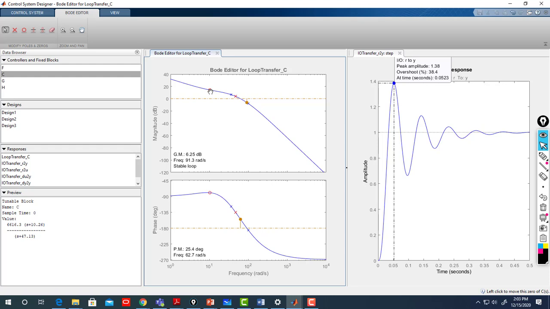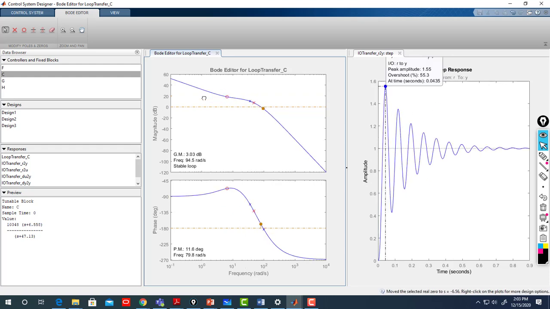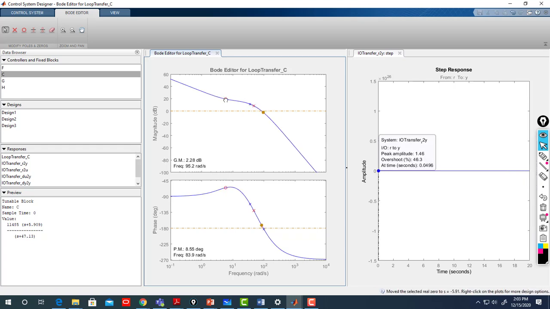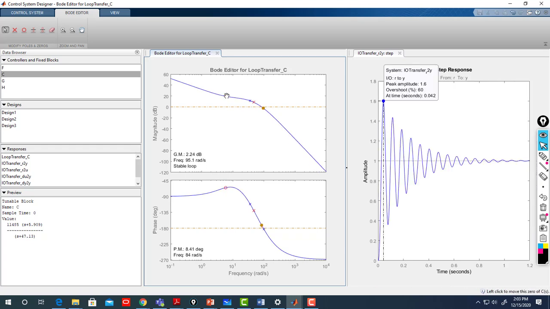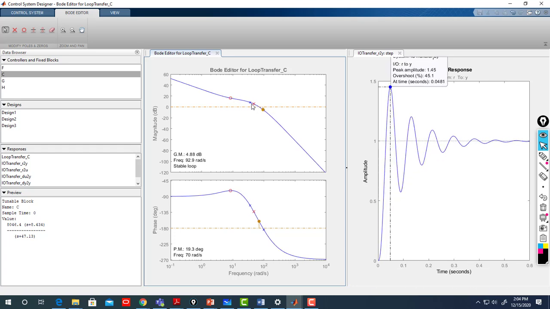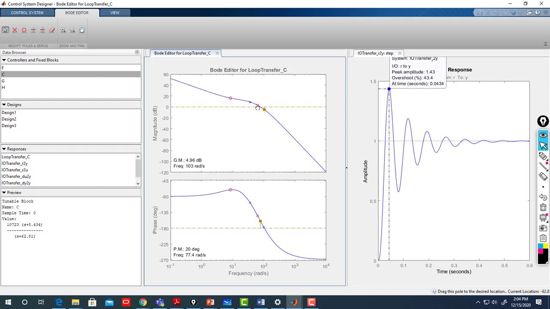Remember, the 0 will increase your oscillation this way, because the 0 here will lead you, at the end, to a stable system. And here is the pole.